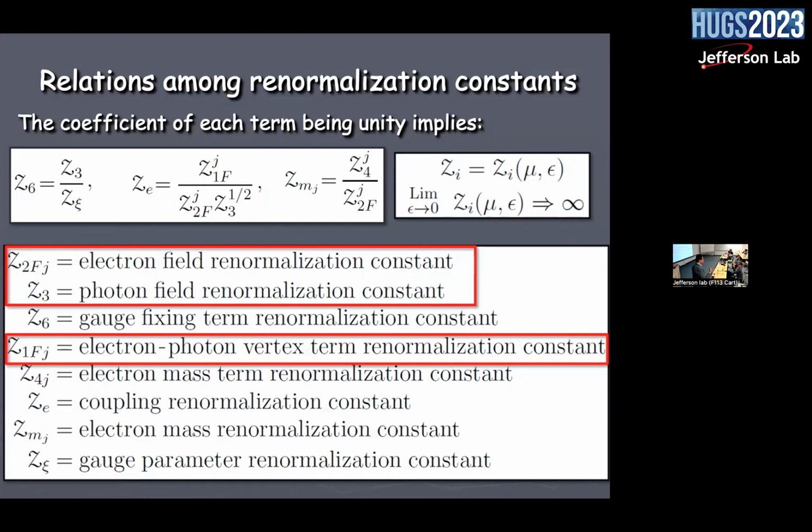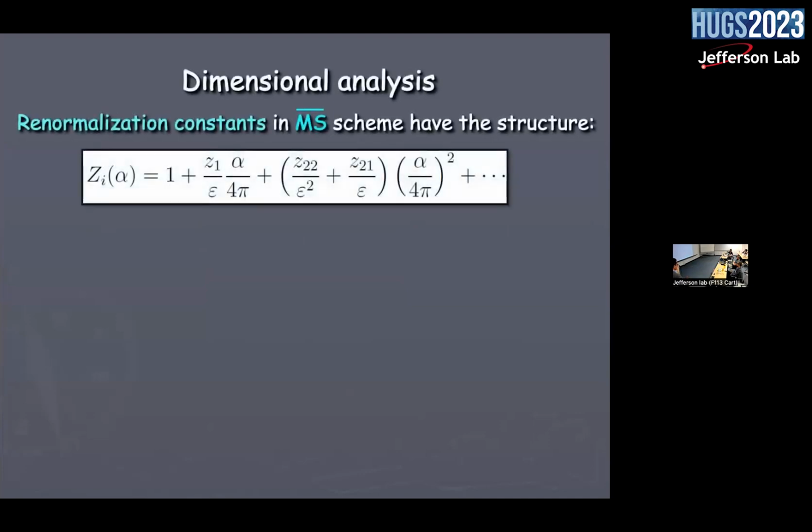We'll have to make it dependent upon a scale, in exactly a manner similar to what we had seen before, that we have to introduce a scale from outside. And also I'll be using this MS bar scheme. And in the MS bar scheme, by experience, you will note that when we do the calculations, all the renormalization constants, all 5, 6, 7, would have this form in perturbation theory.